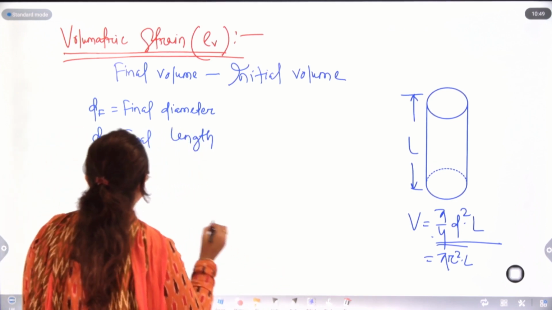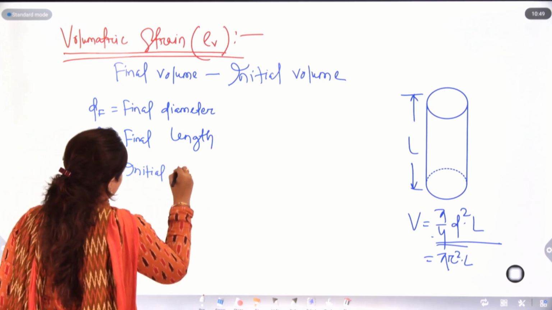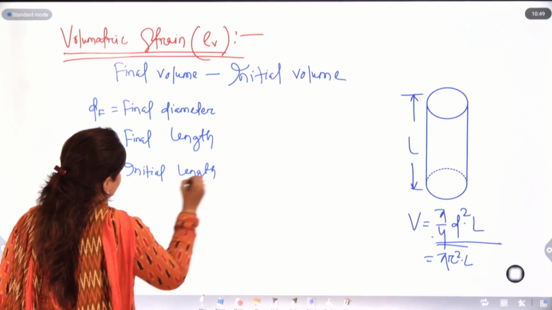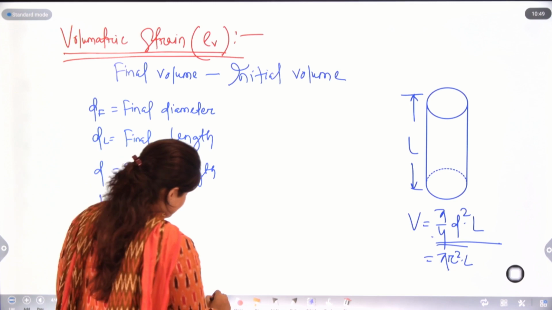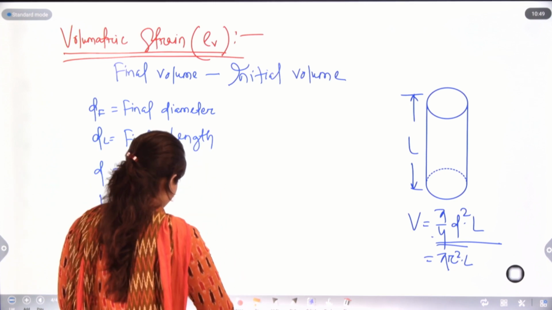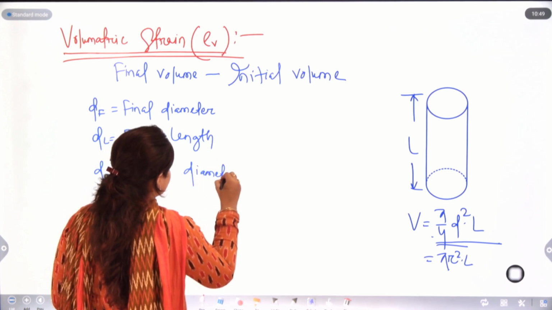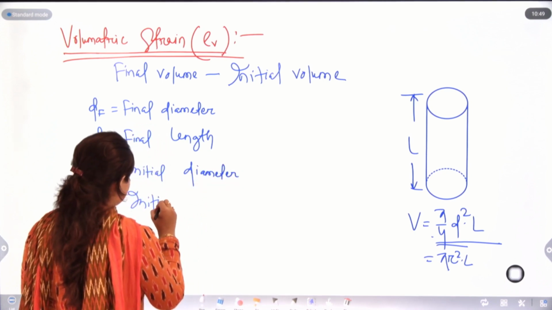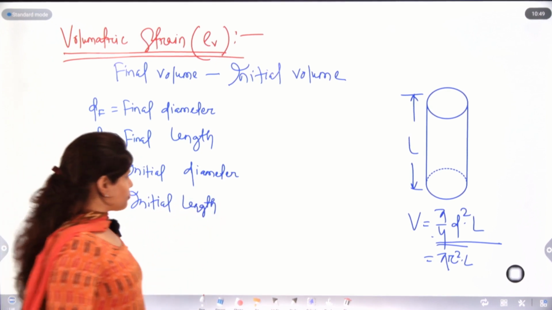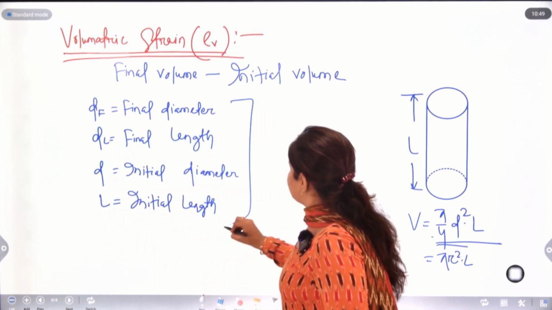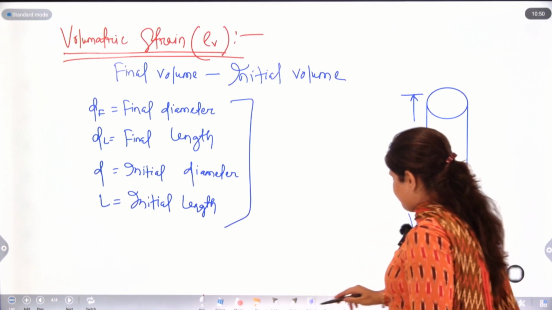So our initial length will be L and initial diameter D. So we have these values. In case of calculation of final volume, what will happen?